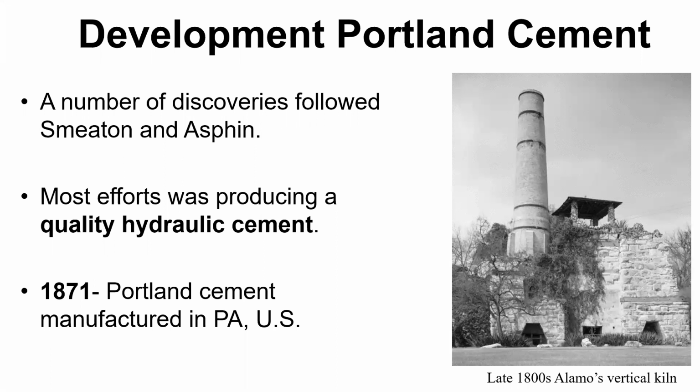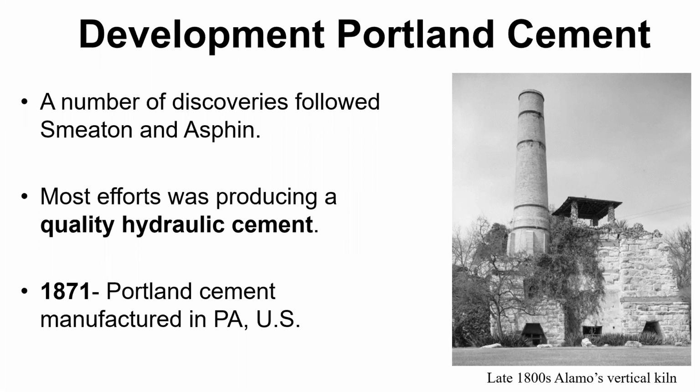Over in Lehigh Valley, Pennsylvania, was kind of the place back in the 1870s to make Portland cement. I used to work for Buzzi Unicem USA, which had the Hercules plant down in Lehigh Valley. I actually took a trip down there.